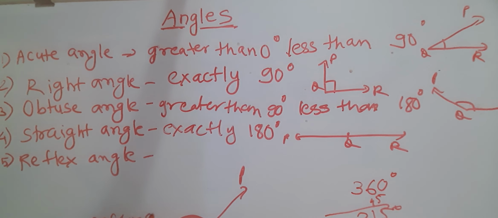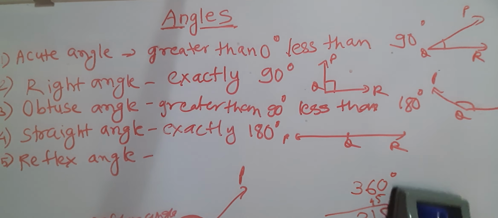The reflex angle is always on the other side of the angle. The reflex angle is always at the opposite side of the acute angle. For the acute angle, it always has the reflex angle at the opposite side. This type of question is asked in true or false sums or in fill in the blanks. So for every acute angle, there is a reflex angle at the opposite side.